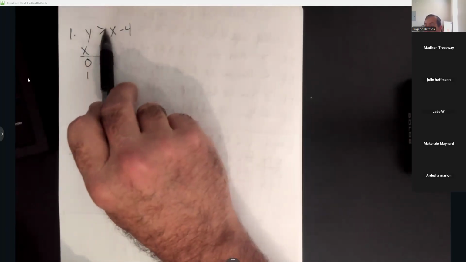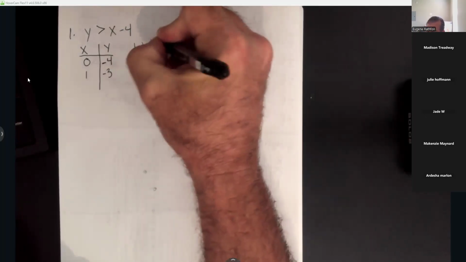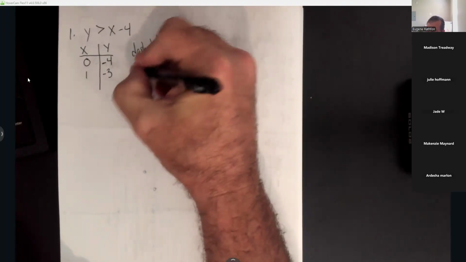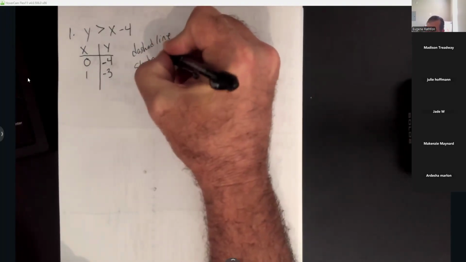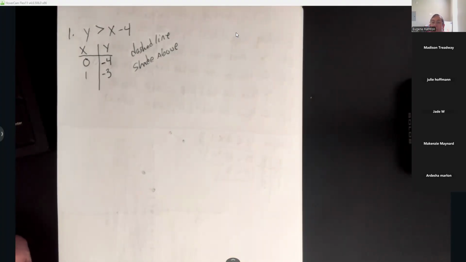Now, this is greater than. So when we graph it, it's going to be a dashed line, and it's going to shade above. Now, before I do this in MathLab, let me show y'all how to do this on these calculators, because this is pretty neat. So I'm going to share the calculator.